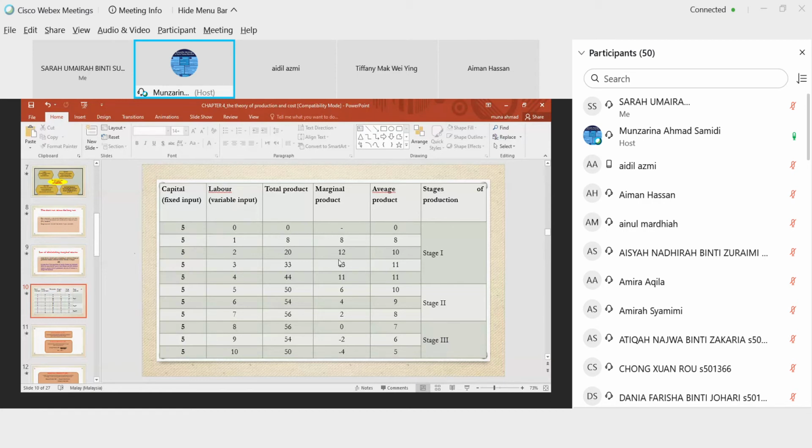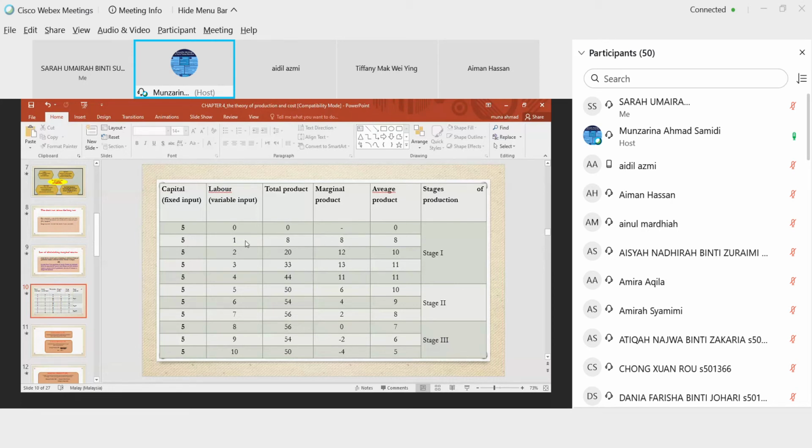So, marginal product. I hope by now you understood the concept of marginal already. Marginal means additional. So the additional product of the first worker that you employ is 8 units of output. This marginal product is about the marginal product of labor, not the marginal product of capital. We are not talking about the marginal product of capital here.